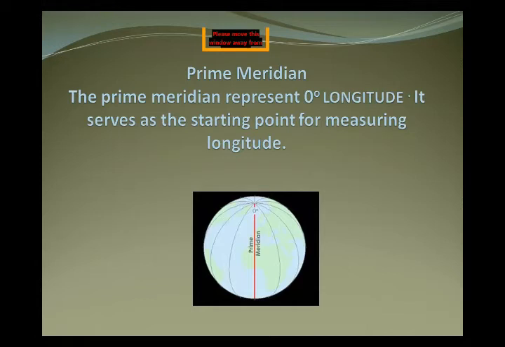The prime meridian together with its opposite meridian, having a longitude of 180 degrees, divides Earth roughly into the eastern and the western hemisphere, with those portions of the British Isles, Europe and Africa that lie west of the prime meridian considered for practical purposes as belonging to the eastern hemisphere.